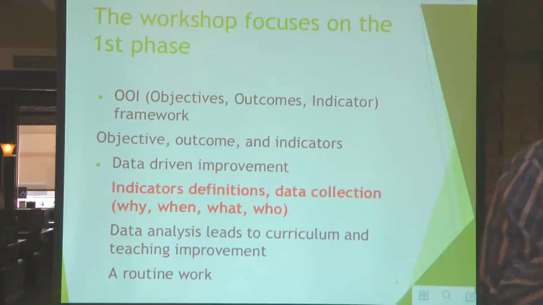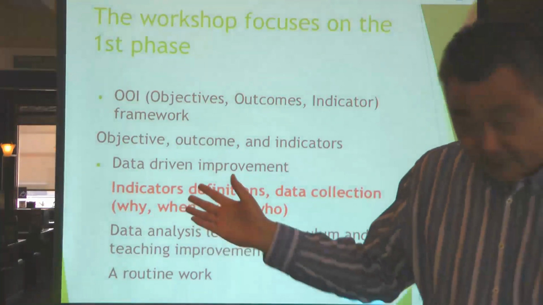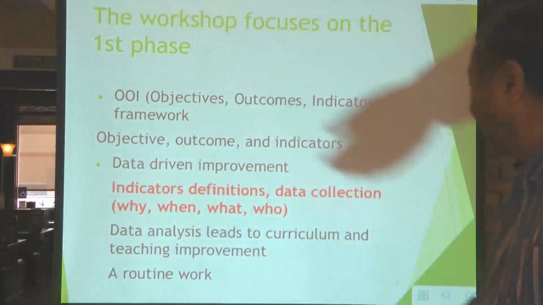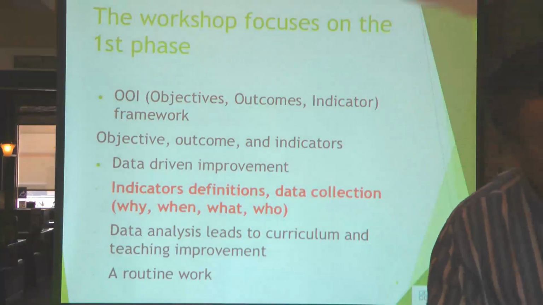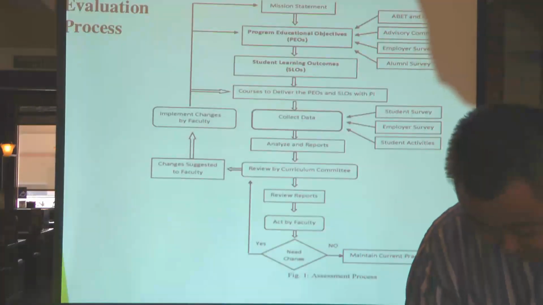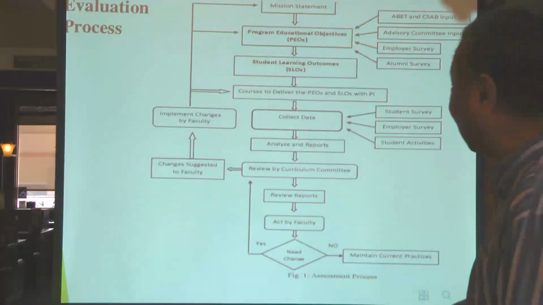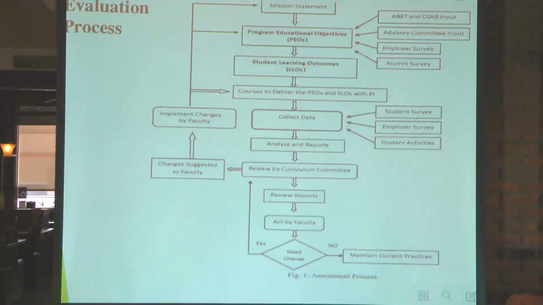For each indicator, we have some courses linked to it. Obviously we will use the data later to do the improvement. So this is the overall assessment and evaluation process.